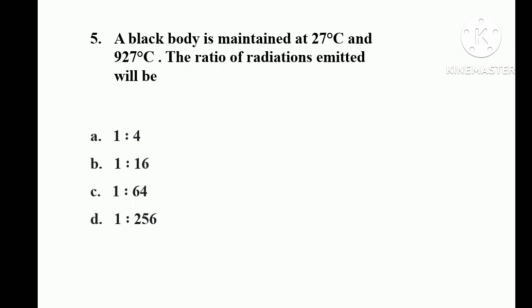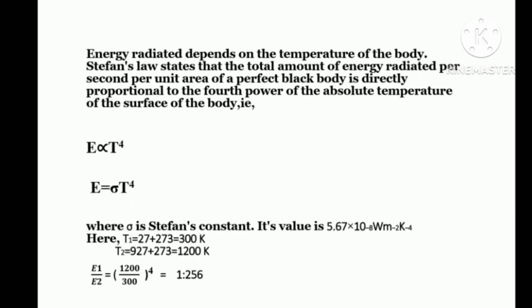Similarly, 927 degrees Celsius is to be converted into Kelvin scale. So, we have to add 273. We obtain 1200 Kelvin. Hence, T2 is equal to 1200 Kelvin.